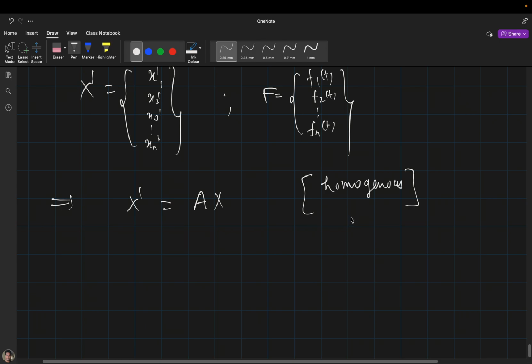So let's take one example. In a simple way, suppose you have differential equations like this.